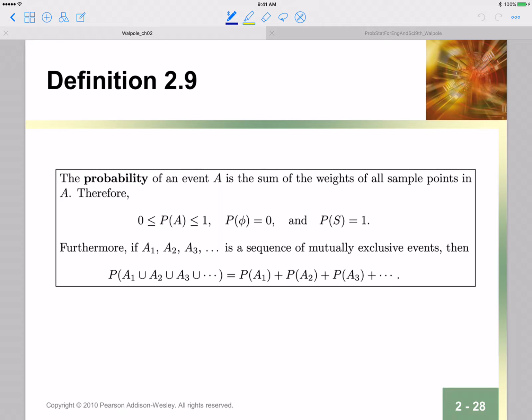Okay, now back to the probability. So there was a sample space, which is our entire set of all the possible events, right? And then the event is a subset of our universe. And that event A has a probability, right? And that probability cannot be more than 1 or less than 0.